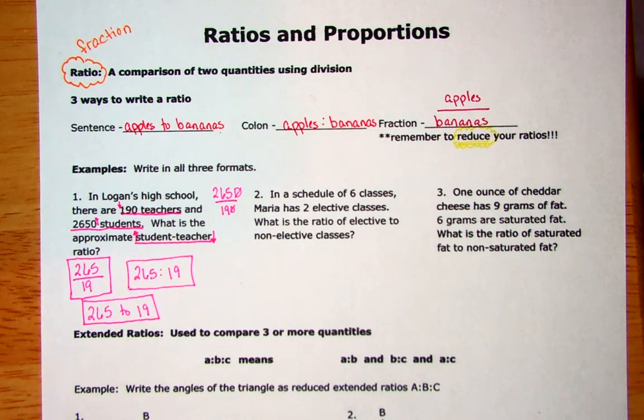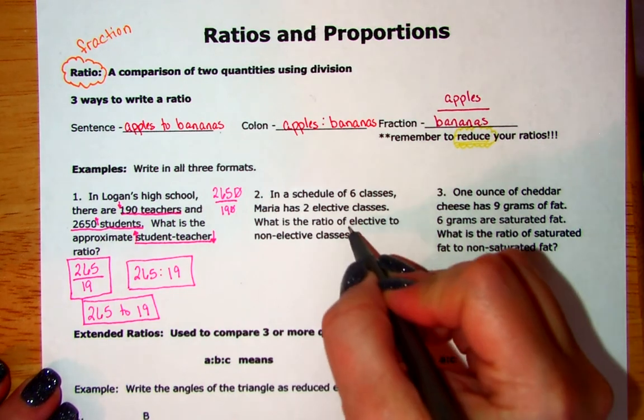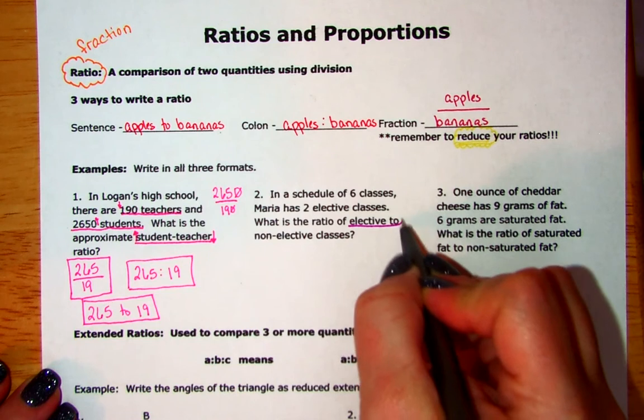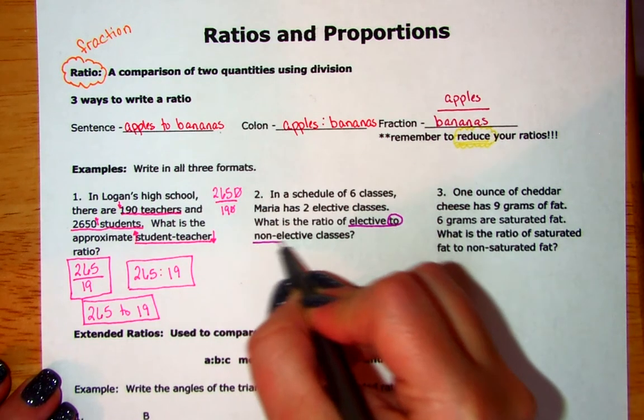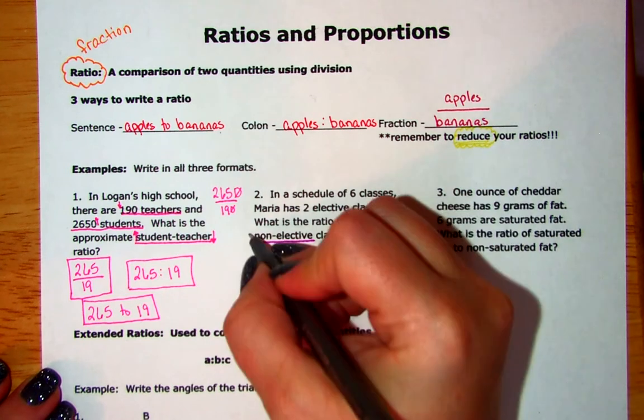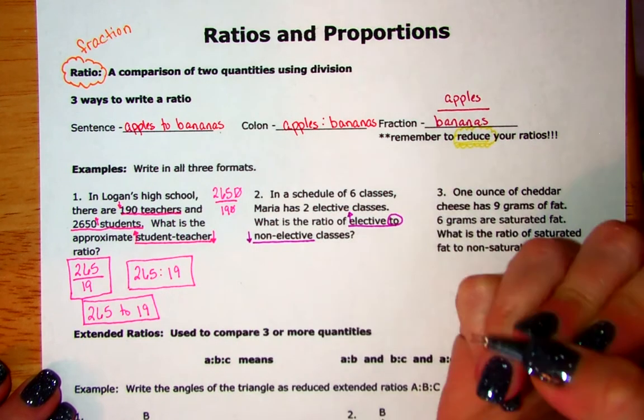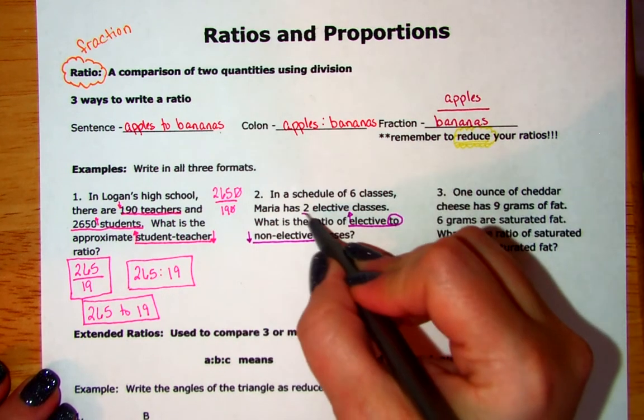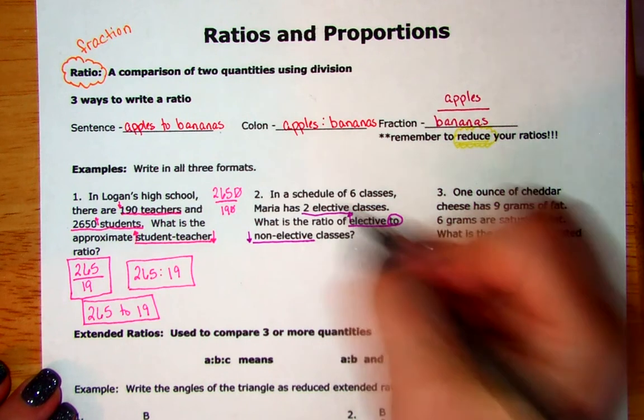When I look at number 2, in a schedule of 6 classes, Maria has 2 elective classes. What is the ratio of elective to non-elective classes? Okay, so again, I'm going to look here and see it says elective to non-elective classes. So that means elective is going to go on the top and non-elective is going to go on the bottom. So I can see that I have 2 elective classes.